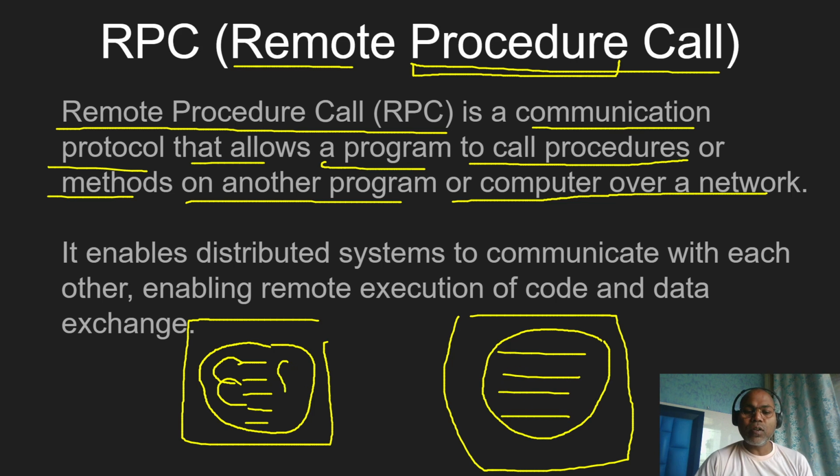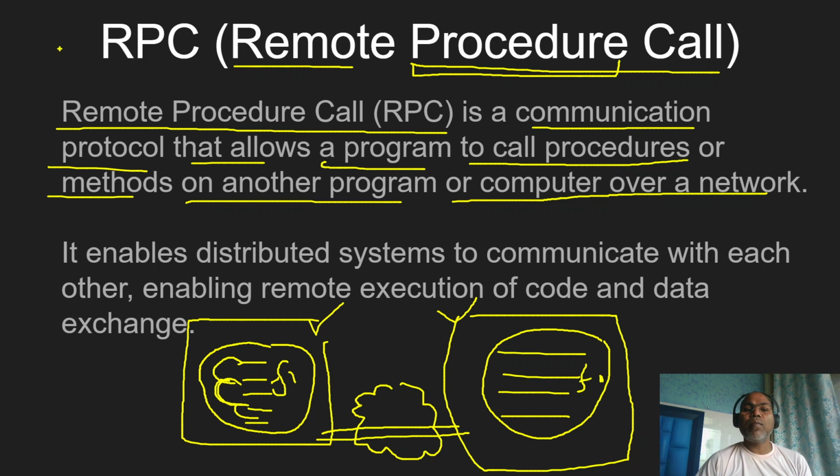Let's see, function 2 tries to call function 4. If local, there is no problem, it's possible. So somehow you have to make the communication between the two machines, two servers, two computers that are connected over the internet.